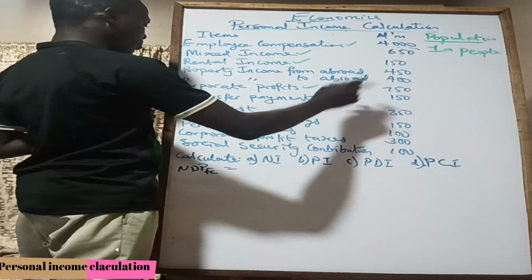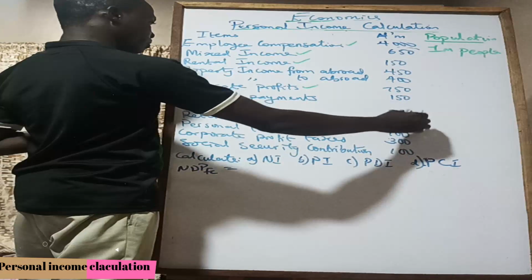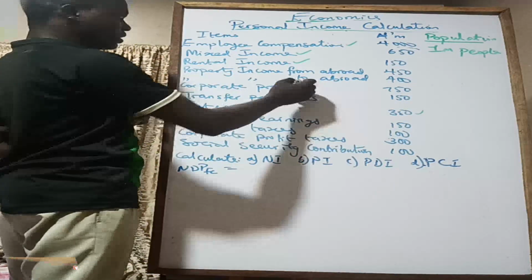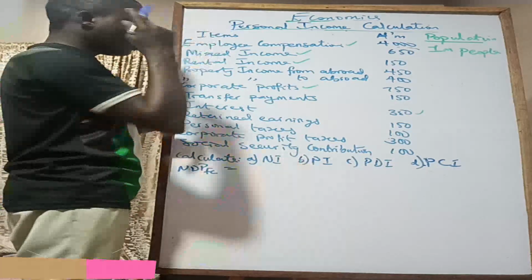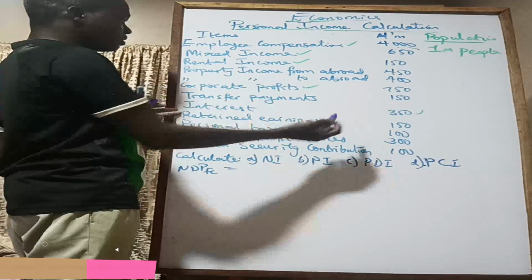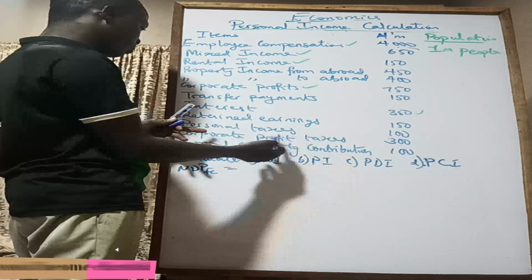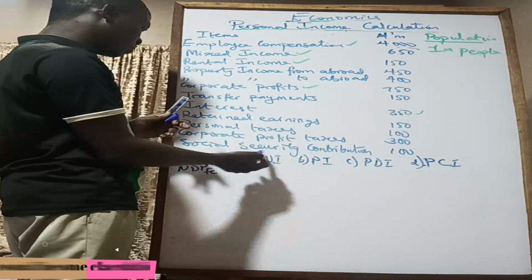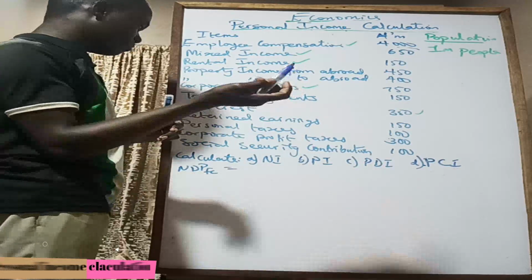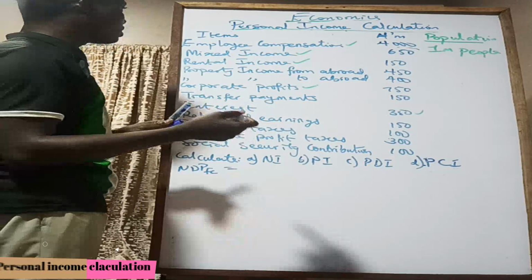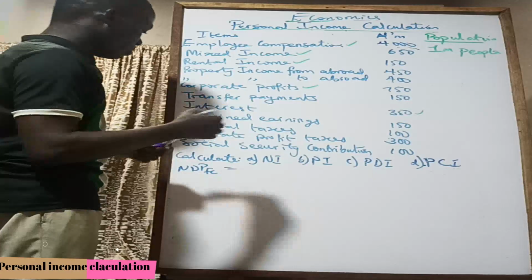Transfer payments, no. Interest is in. Retained earnings, since we already have corporate profits, you don't need to add retained earnings again, everything is already included in the corporate profits. Personal taxes, no. Corporate profit taxes, no. Social security contributions, no.